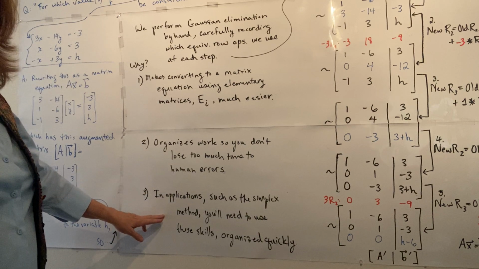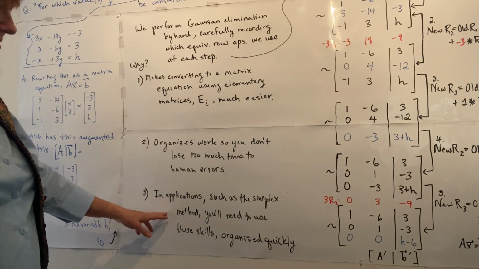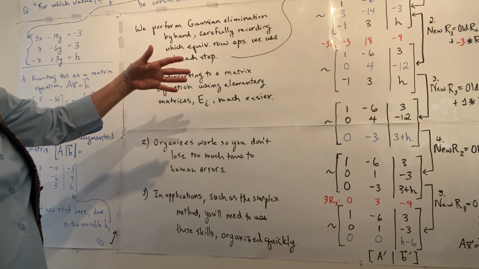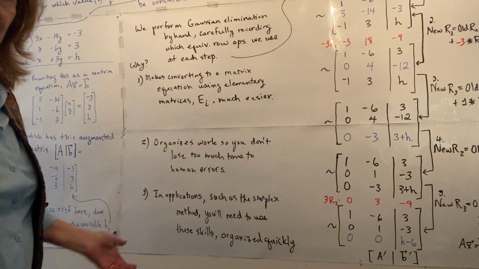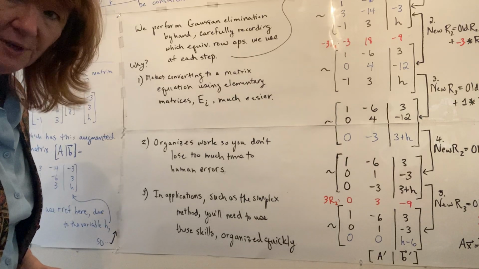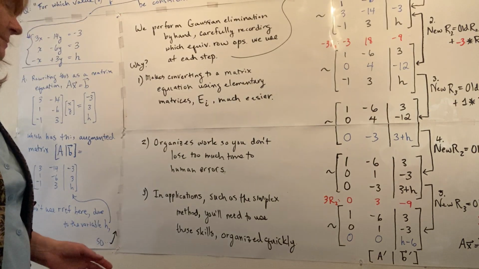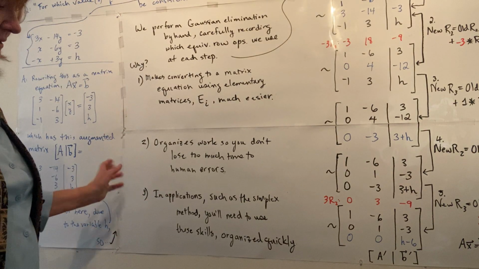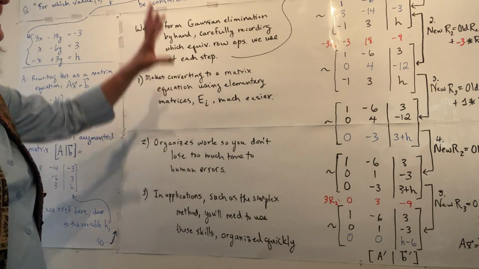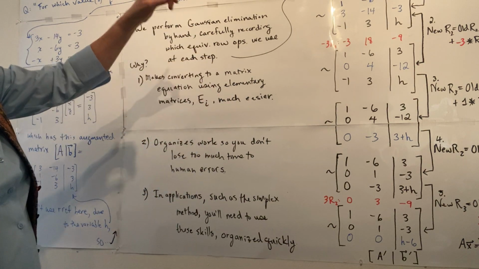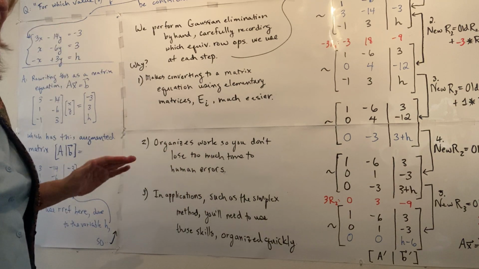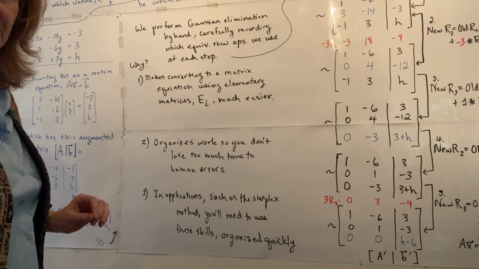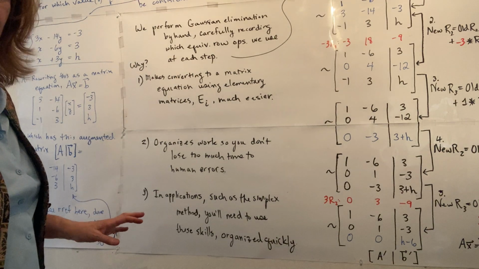Also, I'd just like to point out that there are applications of elementary row operations in things like the simplex method, which you might have seen if you took a course called 1324. There are many other instances where you really need to be able to deploy elementary row operations quickly and carefully and keep track of what goes on in many applications.